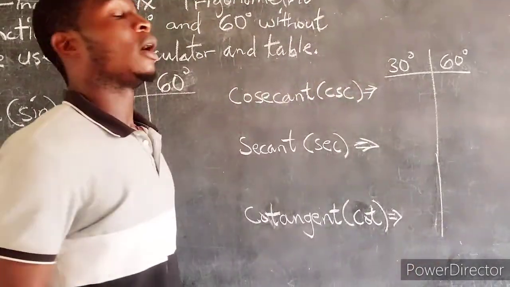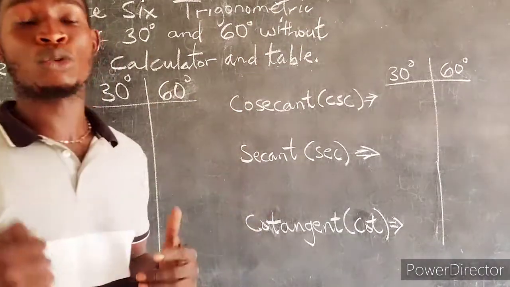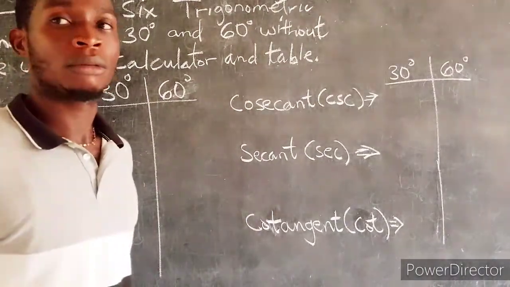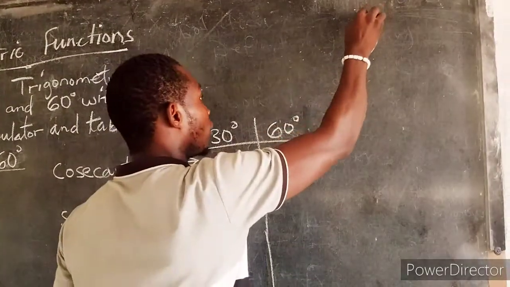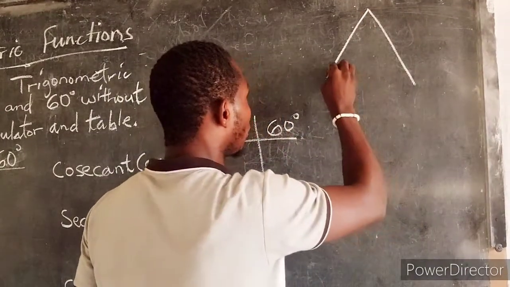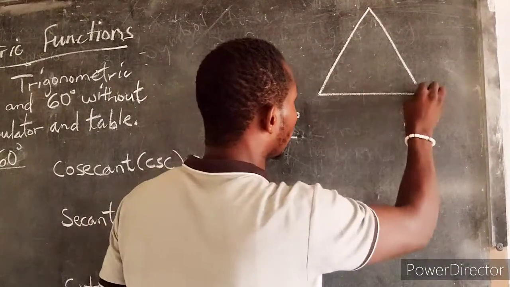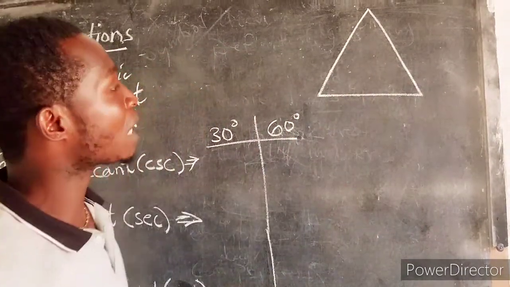After we have done this, we now draw our equilateral triangle. We said an equilateral triangle has 3 equal sides.